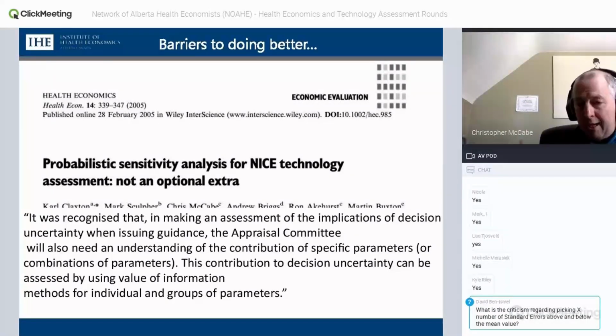Value of information analysis methods don't address the same question or problem that one-way sensitivity analysis addresses, which is: what is the probability that this parameter will take a value which changes the indicated decision? It's closely related.